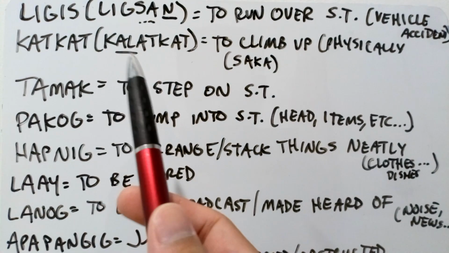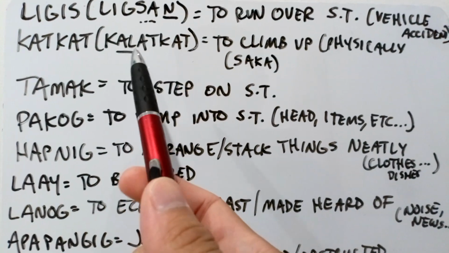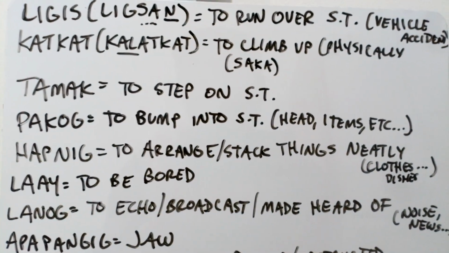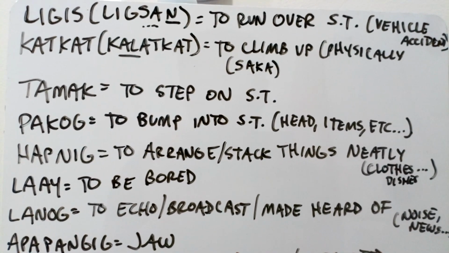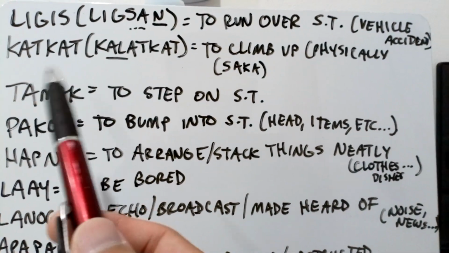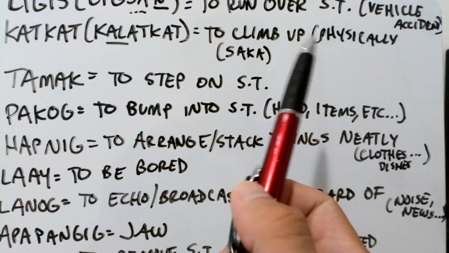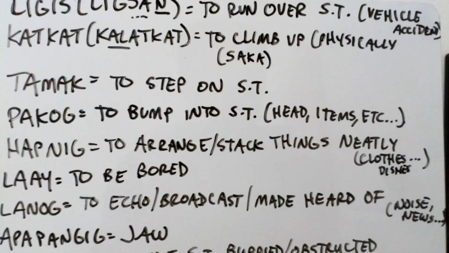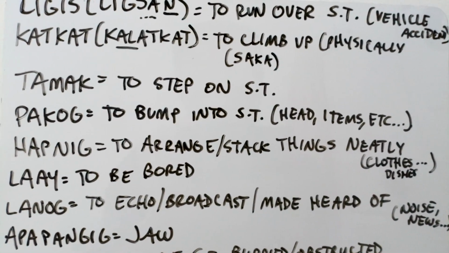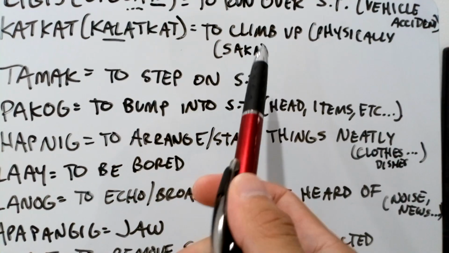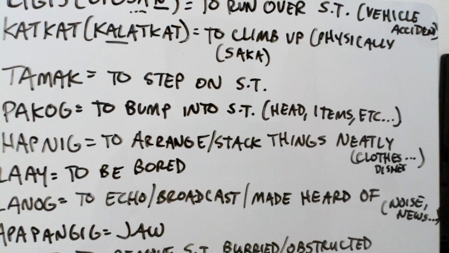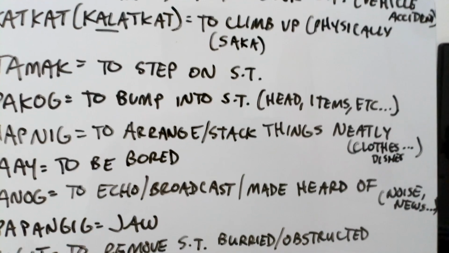Kat, or the full form kalatkat, and remember that la infix. The full form is kalatkat, but in dialectal differences, katkat. And this means to climb up, but you're physically climbing up, so you're using your arms and legs to climb up. How is this different from sakat? Sakat just means to go up or to rise, right?